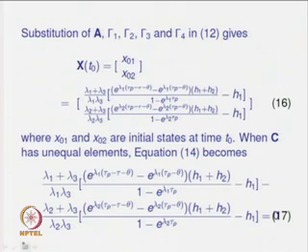The nonlinear expressions we will get will be of this form. How are we obtaining that? When A, gamma 1, gamma 2, gamma 3 and gamma 4 are substituted in the expression for x(t0) that we obtained earlier in equation number 12.